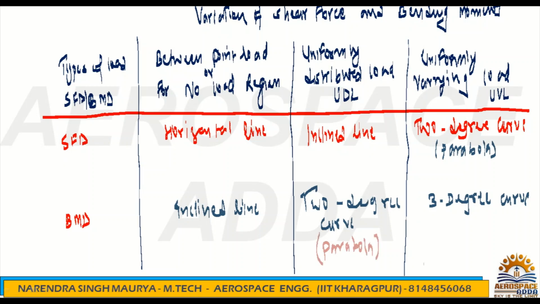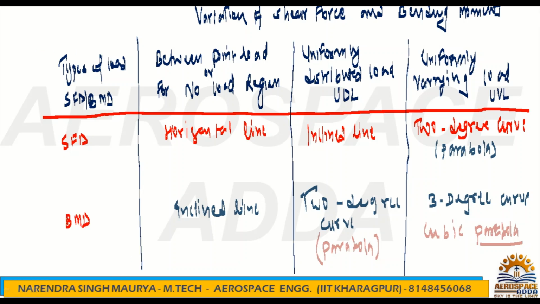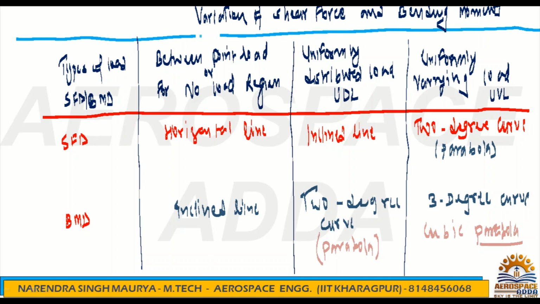And if a 3 degree curve is there, then it's a cubic parabola. Right. You need to remember. So this table you need to remember, and based on this table we have to draw the SFD and BMD diagram. Okay, it's very simple actually. So while you are drawing the SFD and BMD, this table you need to remember.